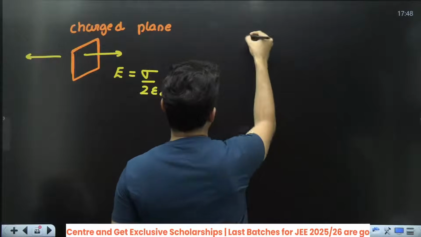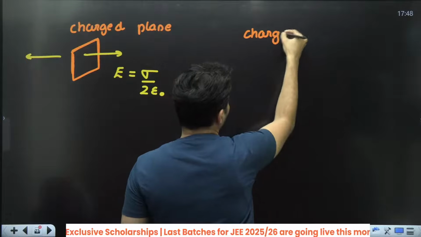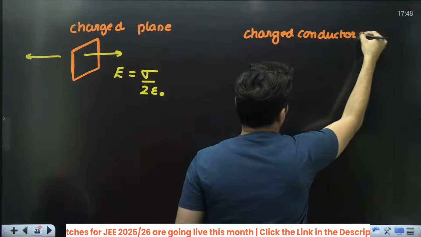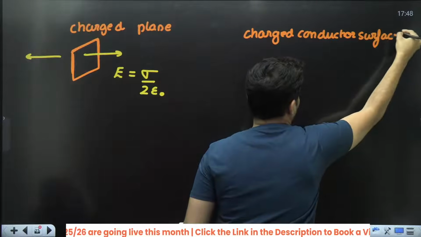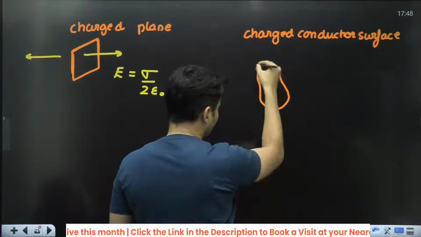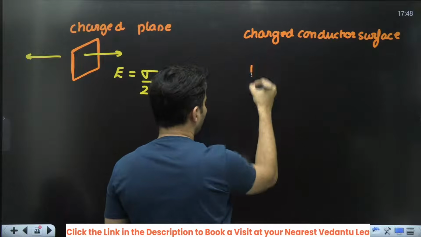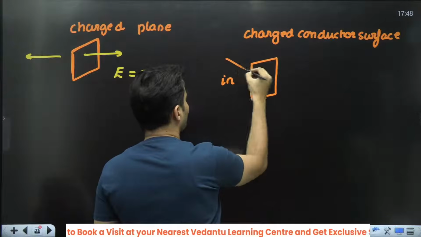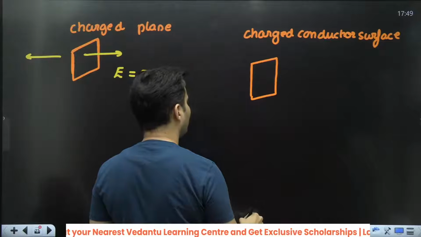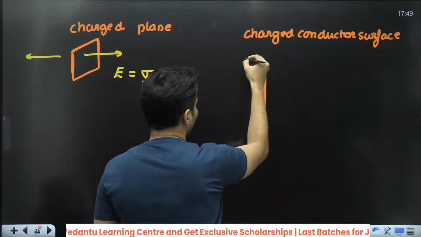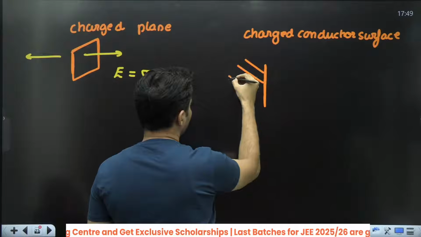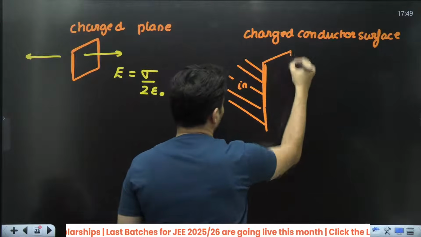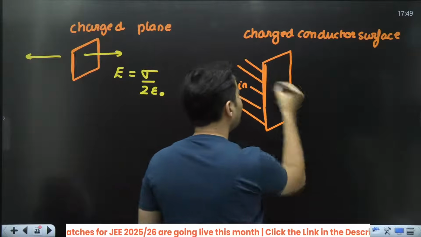But when you have a charged conductor surface, remember that. So it's a charged conducting surface. So this is probably the surface of a conductor. Probably this is the inner side. This is the solid part maybe. So think of it like that. Then the electric field will not be inside.